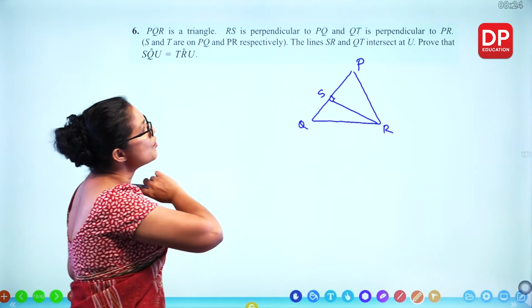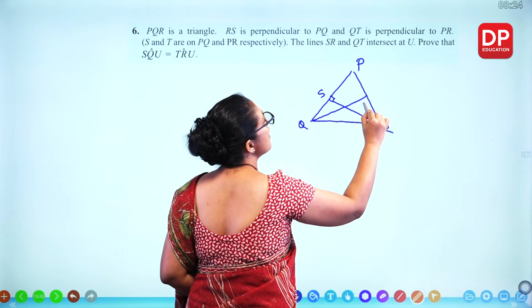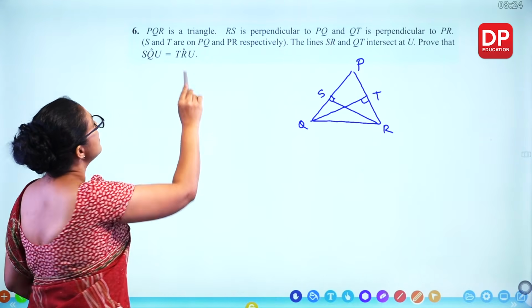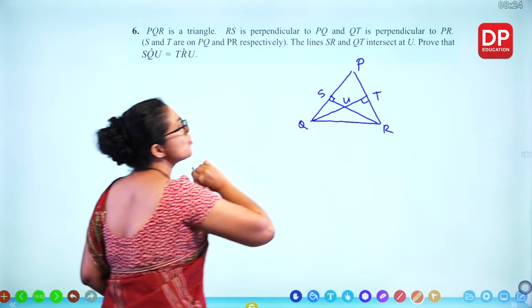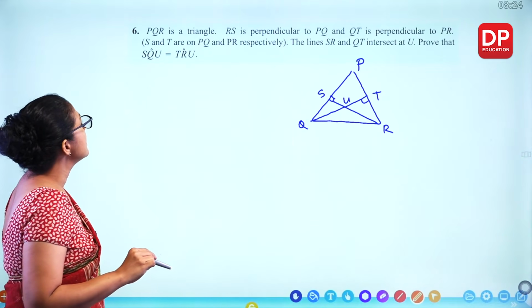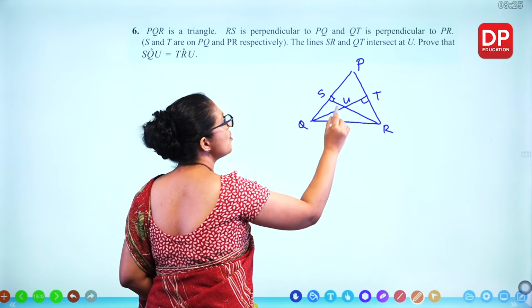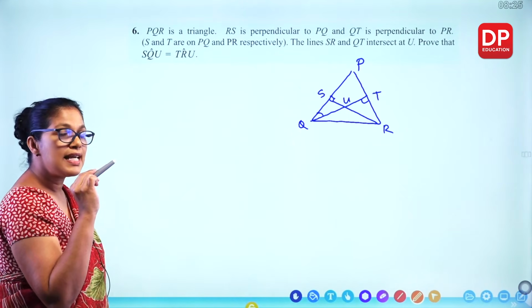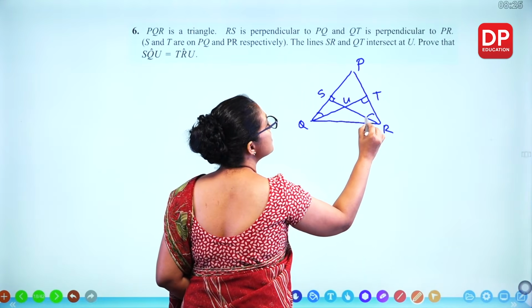Then it says QT also perpendicular to PR. So that's given. Then the two lines intersect at U. Prove that SQU, what is that angle? SQU, this angle, is equal to TRU angle. TRU angle is this one.